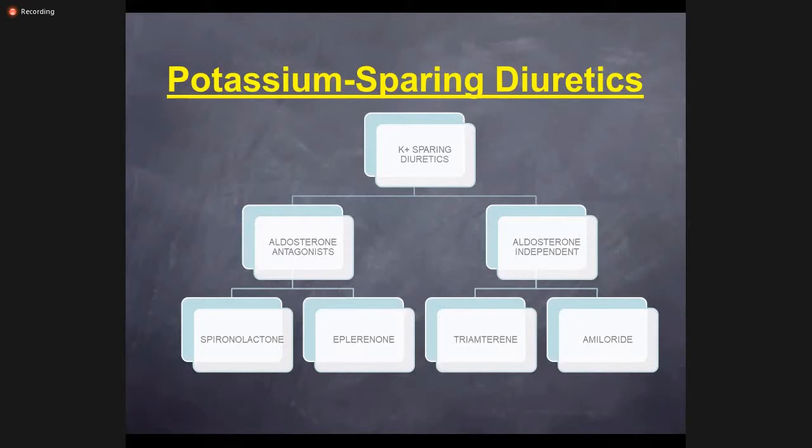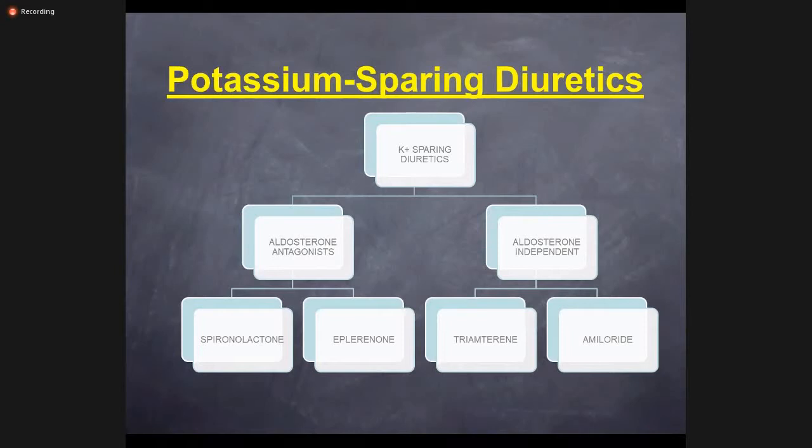As the name indicates, potassium sparing diuretic, why are we focusing on this name? Because in thiazide diuretic and loop diuretic, in both groups generally the side effects are the same, especially in terms of electrolytes. Both diuretics, thiazide and loop, are going to produce hypokalemia, hypomagnesemia, and hyponatremia.